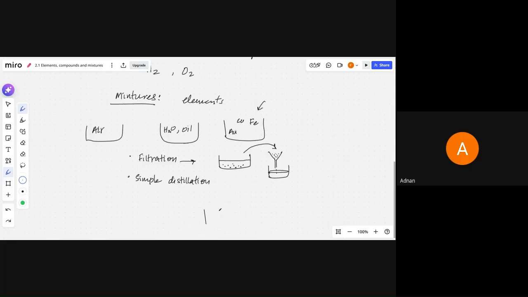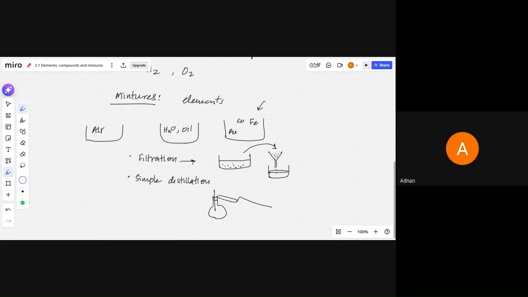So we have a flask, usually a round bottom flask, which contains the mixture of two liquids, let's say water and alcohol. So we heat this flask. It is sealed here with a thermometer inside, and this part is connected to a condenser.